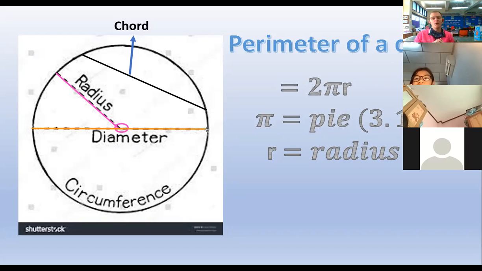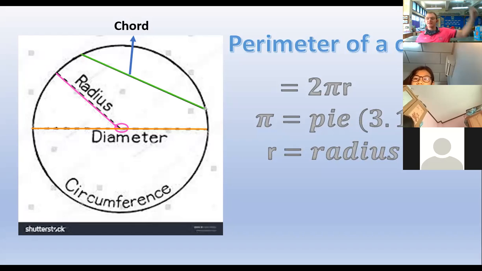The other one we have is a chord. A chord is a line that touches two parts of the circle. The calculations for a chord are quite difficult, but we might get into that later. If you touch any two points of the circle but the line does not go through the center, then we have a chord.